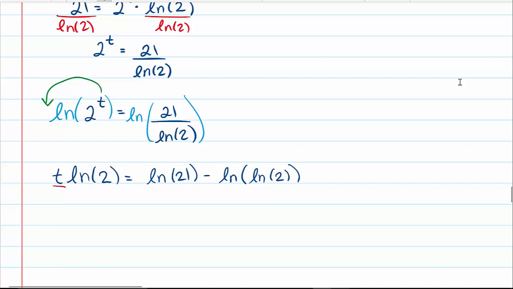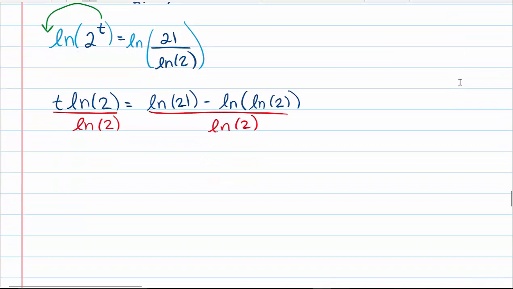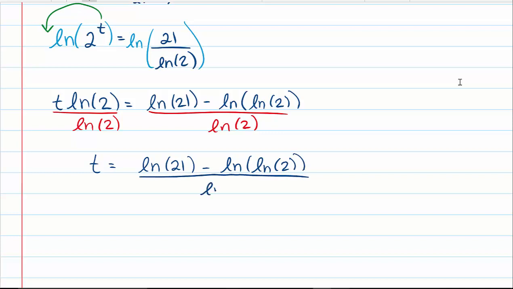Now we're going to divide both sides by ln of 2 to get t by itself. So we get t is equal to ln of 21 minus ln of 2, all divided by ln of 2.